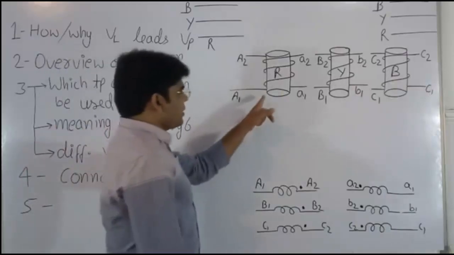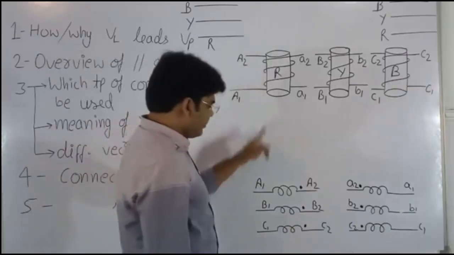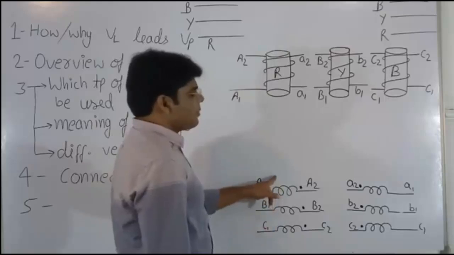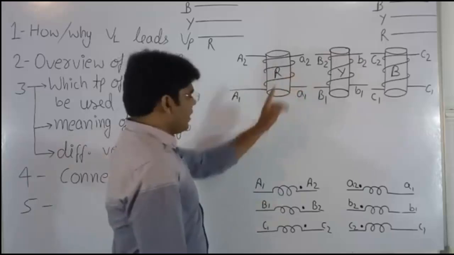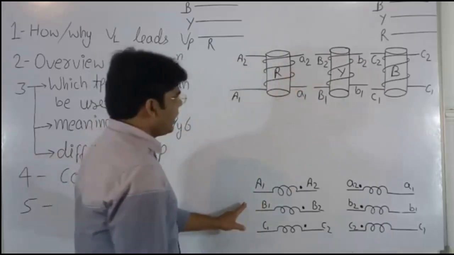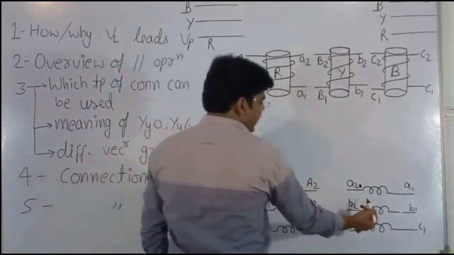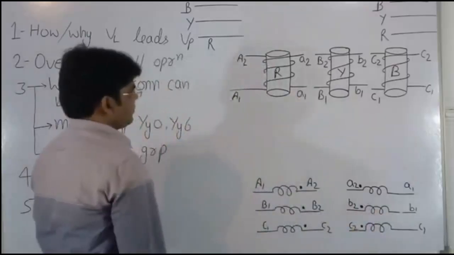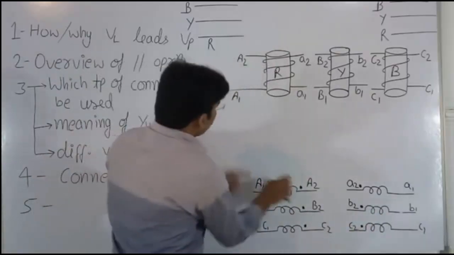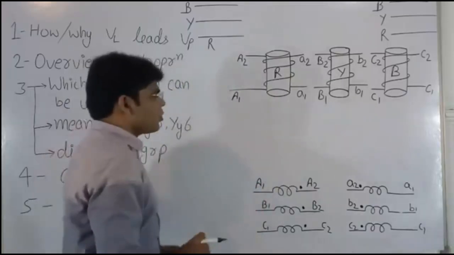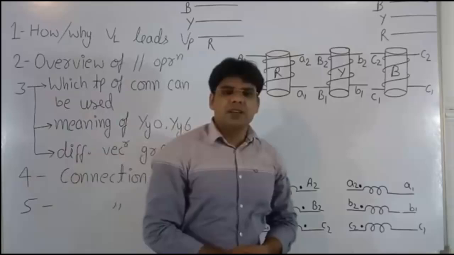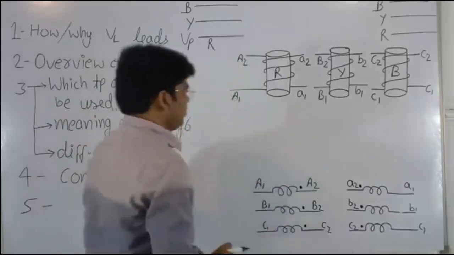I have represented the primary winding here. This is a schematic diagram. I have represented all primary windings at one side and all secondary windings at the other side. This winding is A1, A2, and so on. Now suppose the primary winding is to be connected in star.